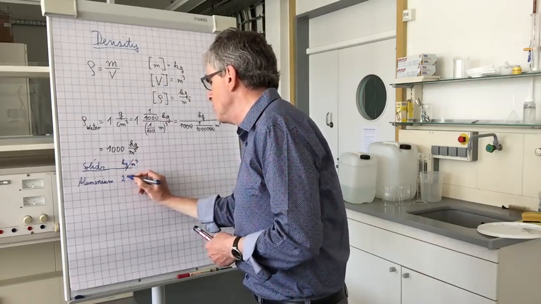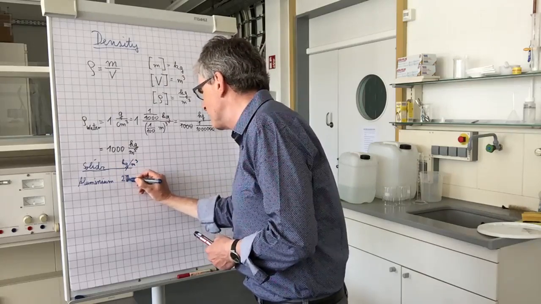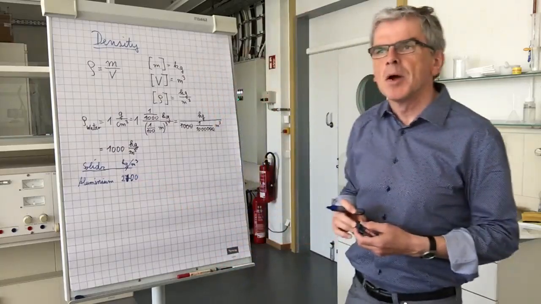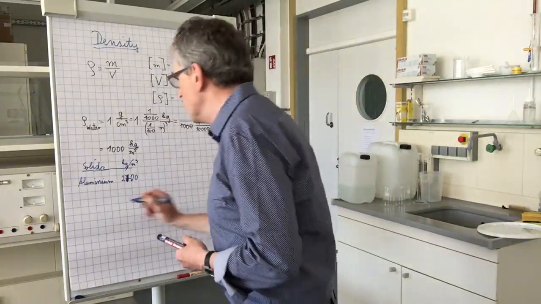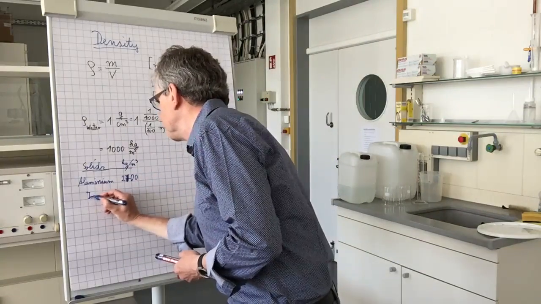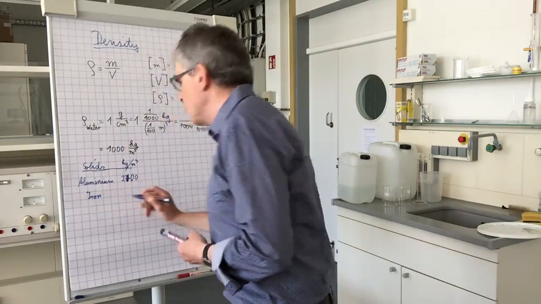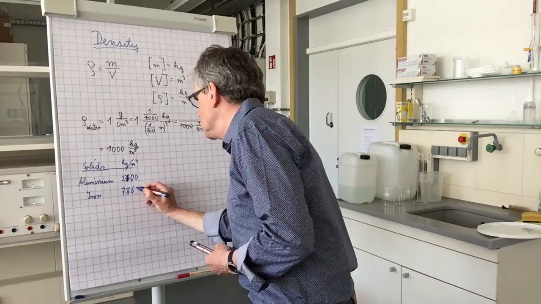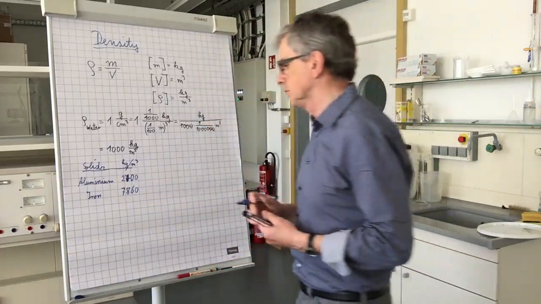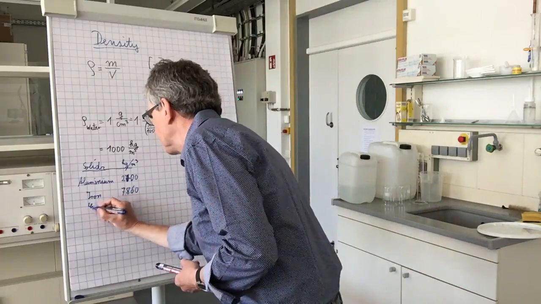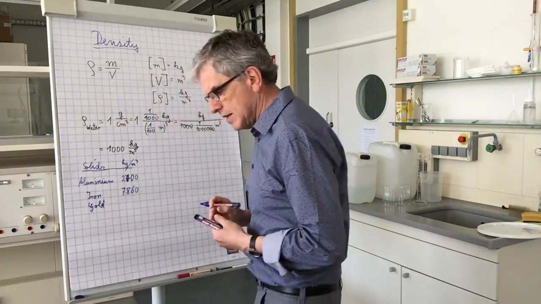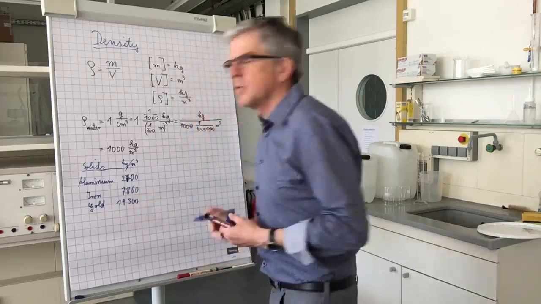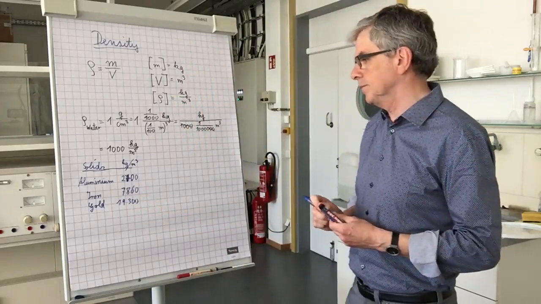For aluminium, we have 2,700 kilograms per cubic meter. For iron, we have a density of 7,860 kilograms per cubic meter. For gold, we have a density of 19,300, so about 20 times larger than that of water.